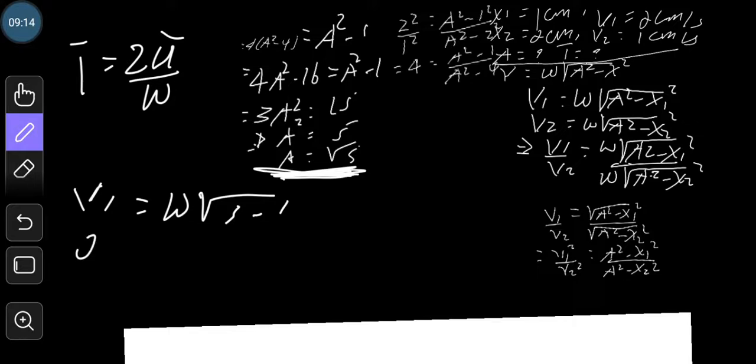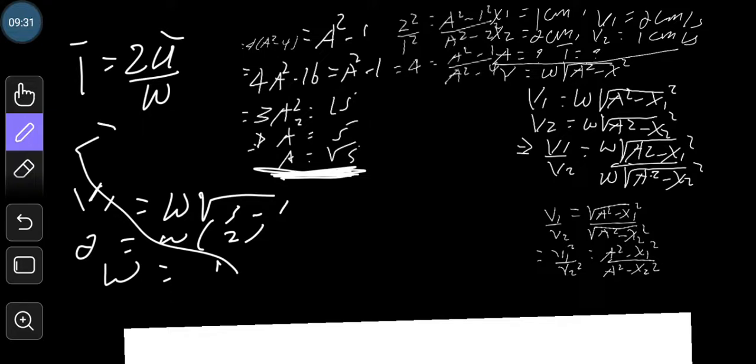We have 2 is equal to omega under root 5 minus 1, that's 2. Then finally omega is equal to 1. Therefore when you substitute this value, you get time period is equal to 2 pi seconds. This is all about today's lesson. Thank you so much.